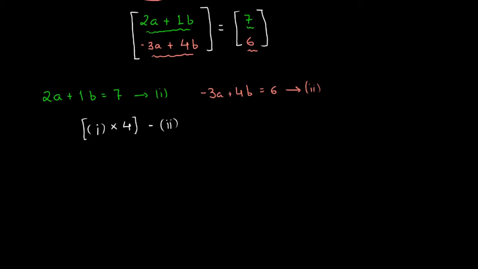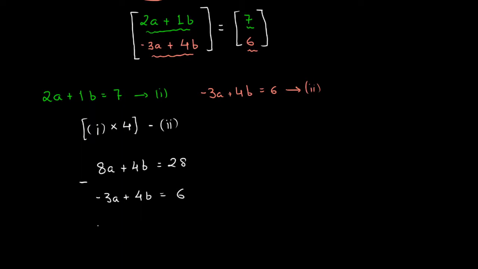So equation number 1 multiplied by 4 will give me 8A plus 4B equal to 28. And from that I'm going to subtract equation number 2, which is minus 3A plus 4B is equal to 6.